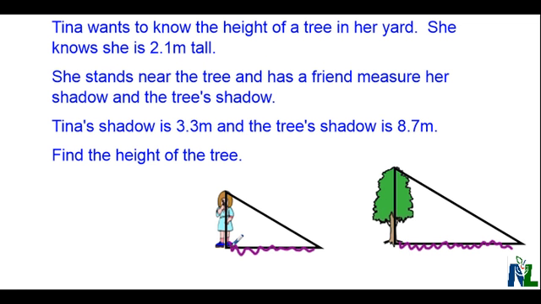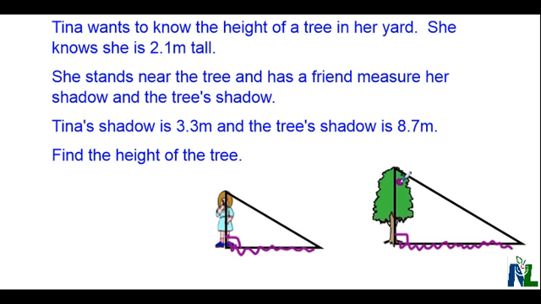There's a couple of assumptions that we have to make when we're dealing with these questions. We're going to assume that whatever objects we have, if it's a tree or a flagpole or a building or a person, that they're standing straight up so that they are meeting the ground at 90 degrees. That's a fair assumption you can make, that the things in your situation are not leaning, they're standing straight. And we're also going to assume that the angle that the sun hits the objects at is the same.